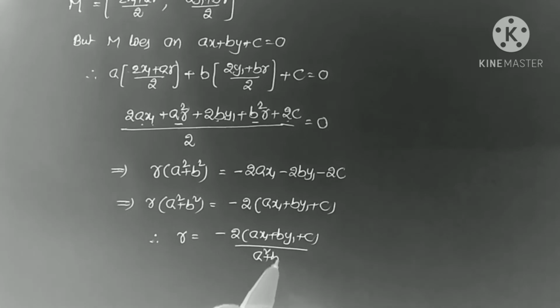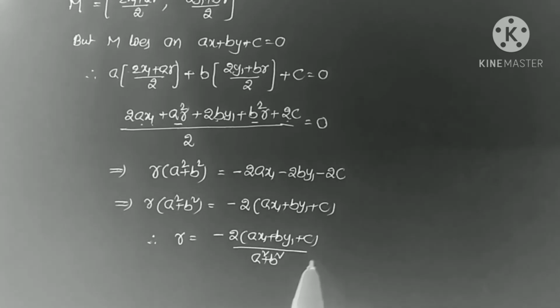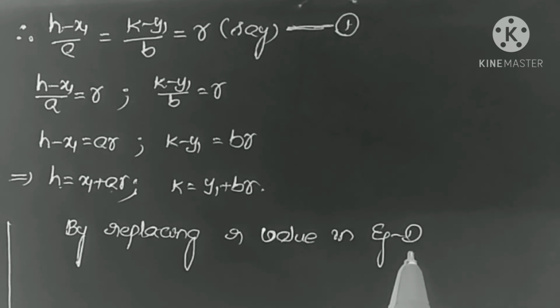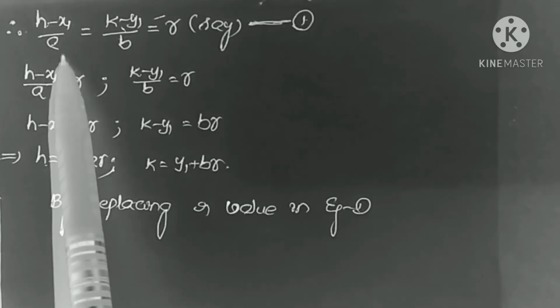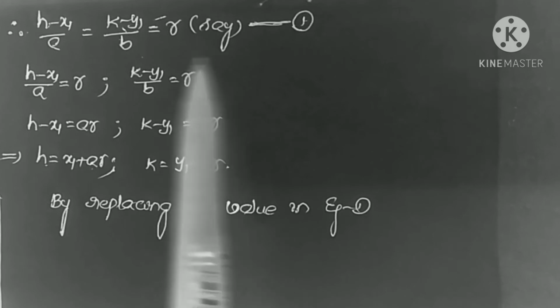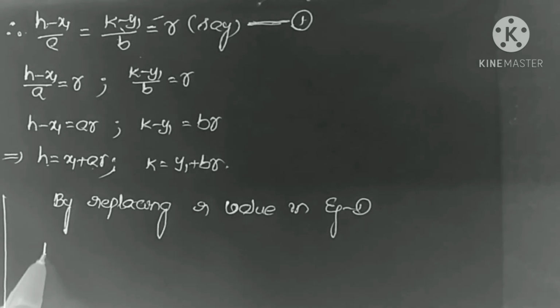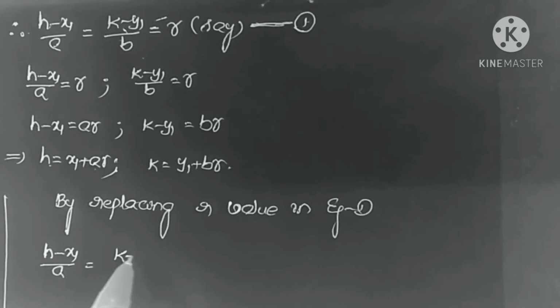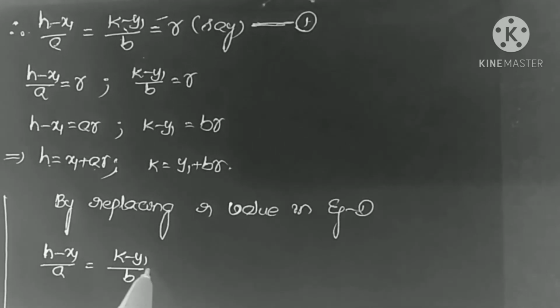Now we substitute this r value in equation 1 to get the required answer. What is equation 1? (h − x1)/a = (k − y1)/b = r.